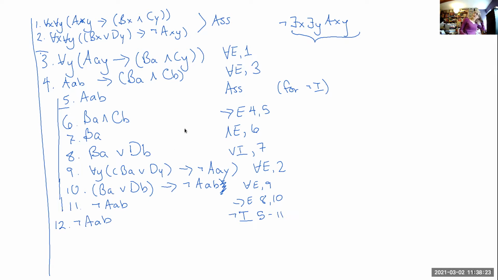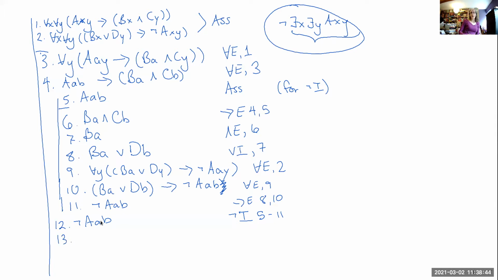But we still need to get to something that looks like this. It wouldn't help if I started adding existential quantifiers, even though I could, because of where the negation is. I need to eventually get the negation all the way out to the end.